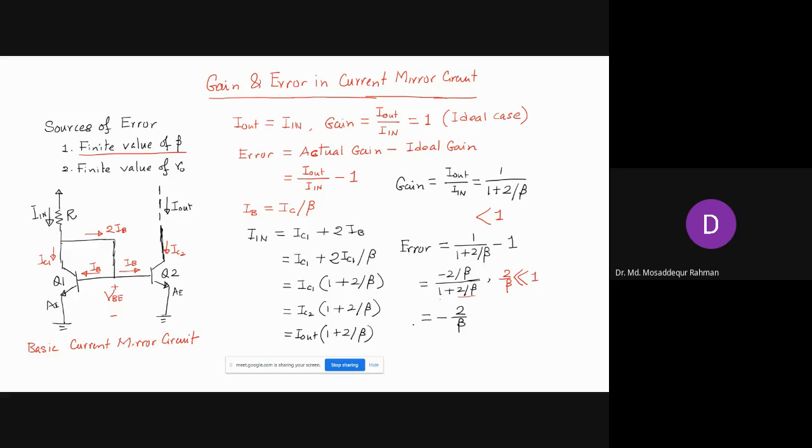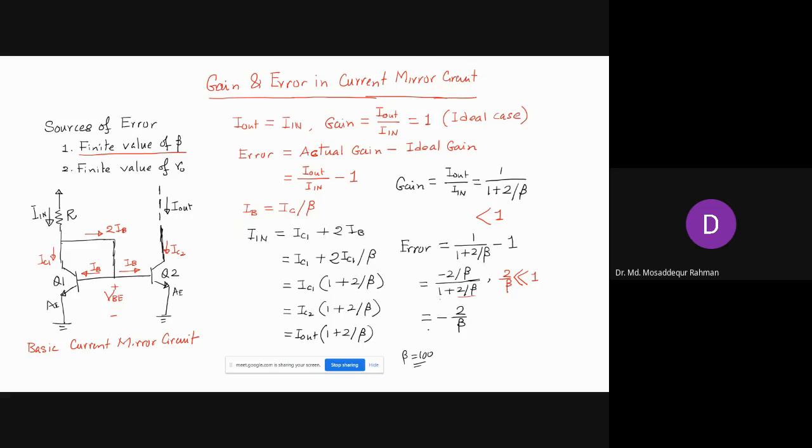Error is negative, as you can see, since the output is less than input. So we have a negative error. Right? So it shows that the output is less than the input. Okay, so let's take a typical example of how much error can be. Let's say beta is 100, right?